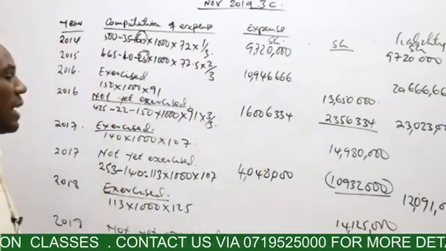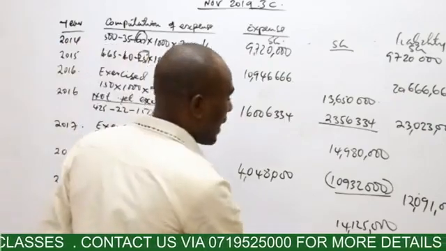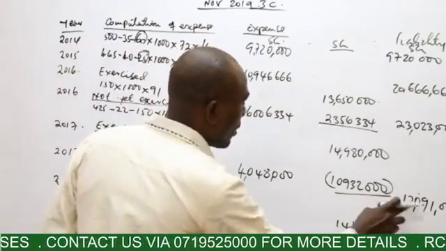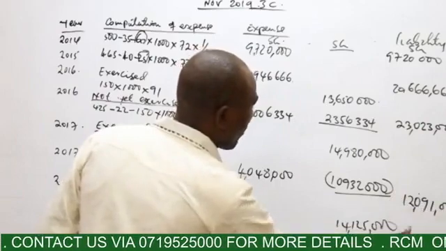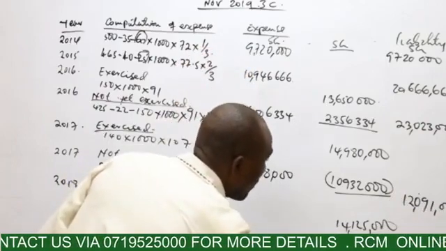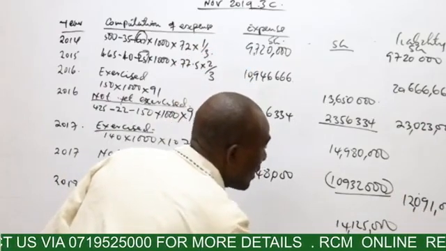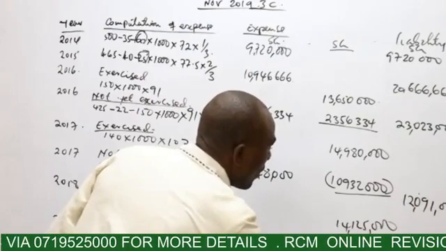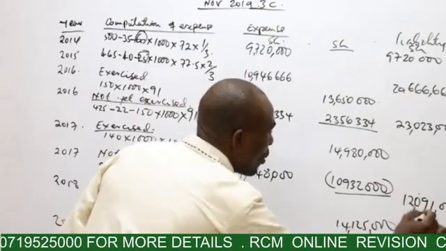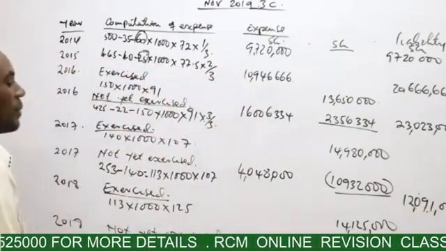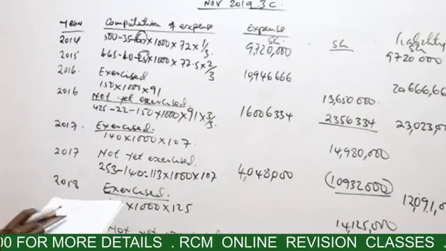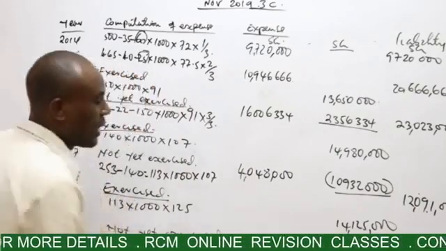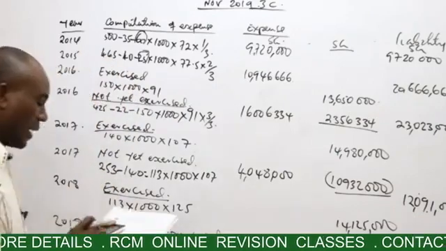The liability here I have 0, which means my expense will be reduced with this one. Therefore, here I bring 12,091,000, but negative because this one and 0.